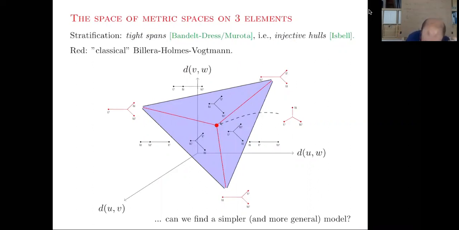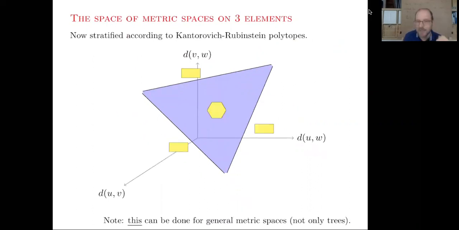The reason I like these polytopes is that I like this picture better. I don't know if I've answered your question, but yes, absolutely. You should know there is this famous work about injective hulls and tight spans, and actually an open question that I have a hunch about, but I'm not sure. I don't want to say it now that I am being recorded.